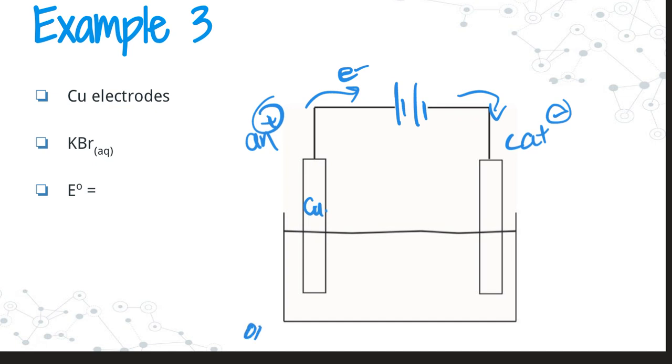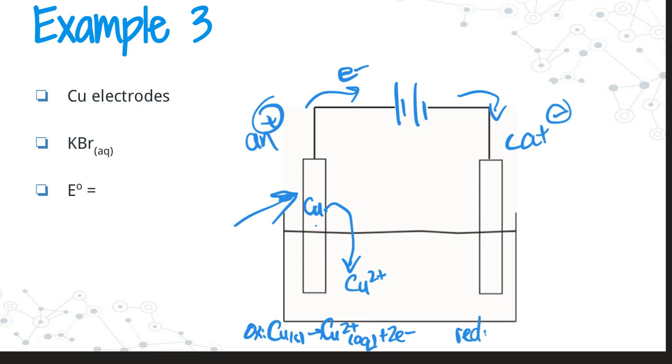And so what's happening is we have solid copper being turned into copper 2 plus ions and 2 electrons. So this copper is breaking down into copper 2 plus ions, which means eventually over time, this electrode is going to get eaten away and eventually disappear if we let this go on forever and ever.